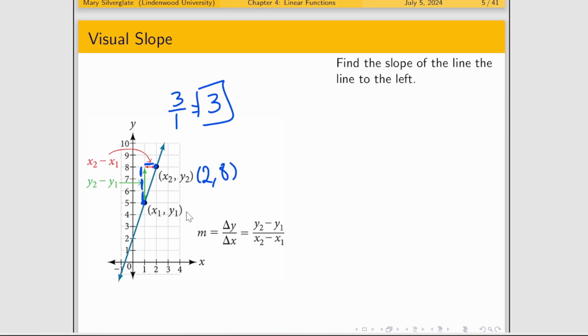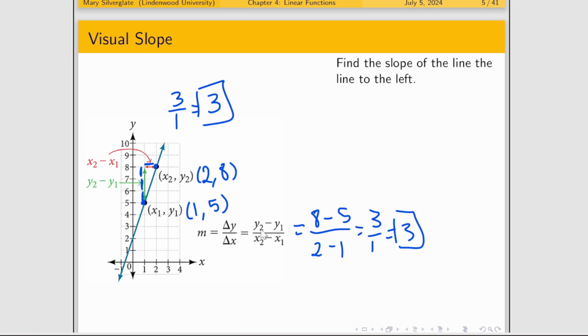Our second point occurs here at (1, 5), since we went over 1, up 5. And then we can just plug into the formula. So our y2 is 8, minus our y1 is 5, over our x2 is 2, minus our x1 is 1. 8 minus 5 gives us 3, 2 minus 1 gives us 1, and that gives us 3.